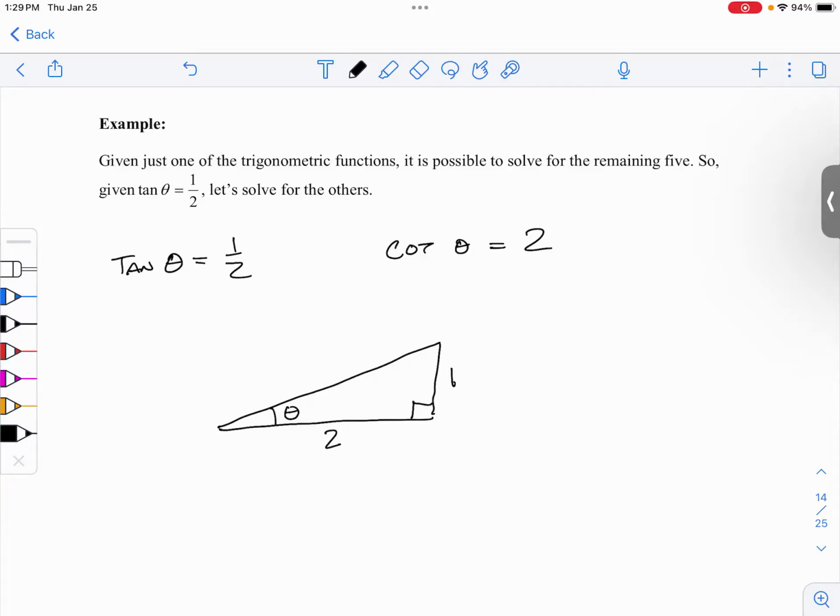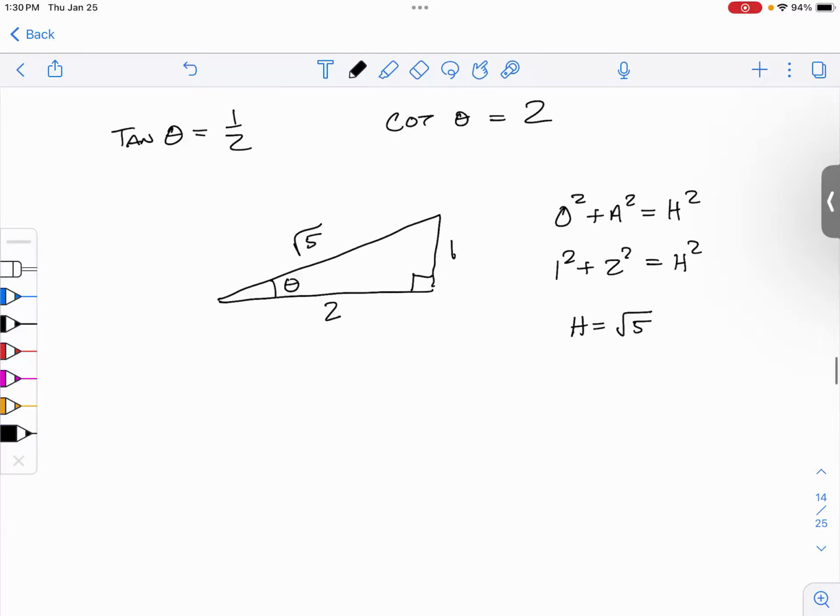Pythagorean theorem. Once you have your triangle filled in, then I can go back to SOHCAHTOA and find sine of theta, cosine of theta, and then we can find their reciprocals.